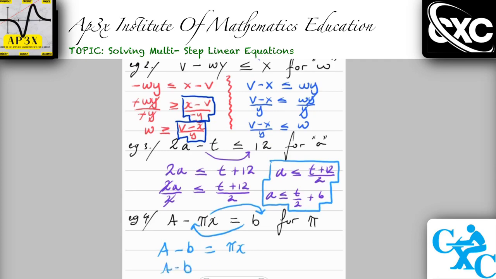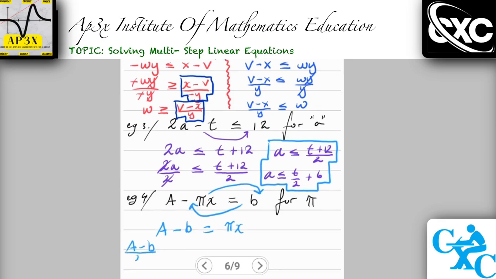All right, and then pi x is pi x. Now what we need to do here is we need to get pi to be alone. We need to isolate pi, so therefore we don't need the x to be on this side here. So we're going to have a take away b divided by x, and that's going to be equal to pi x divided by x.